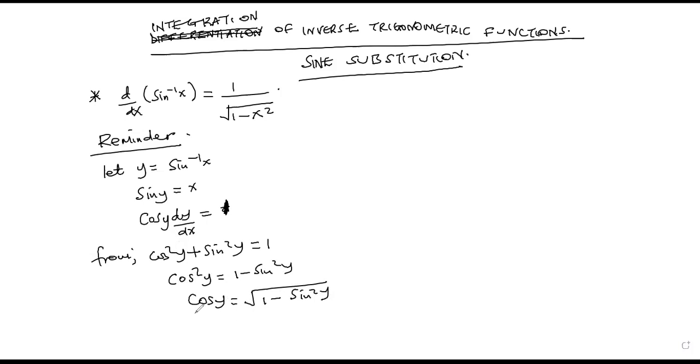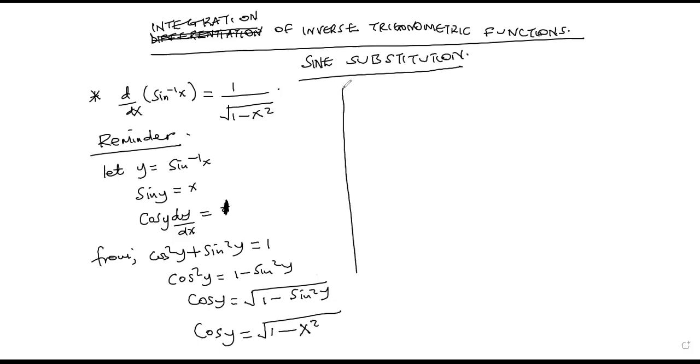Remember, cos y will be equal to the root of 1 minus sine squared y, and since sine y is equal to x, sine squared y is x squared.